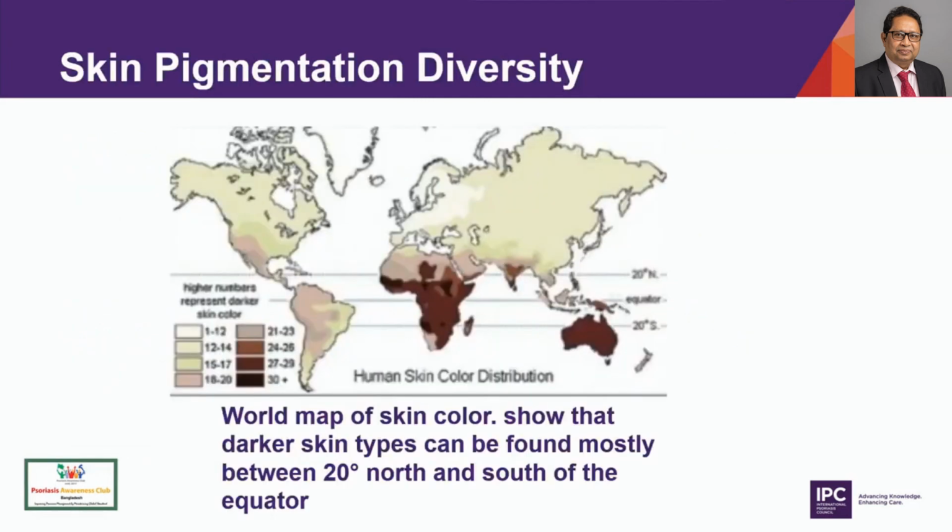So we can see the skin pigmentation diversity. Usually it is seen around the equator. The darker skin types can be found mostly between 20° north and south of the equator. In the extreme poles, the skin color is changing.